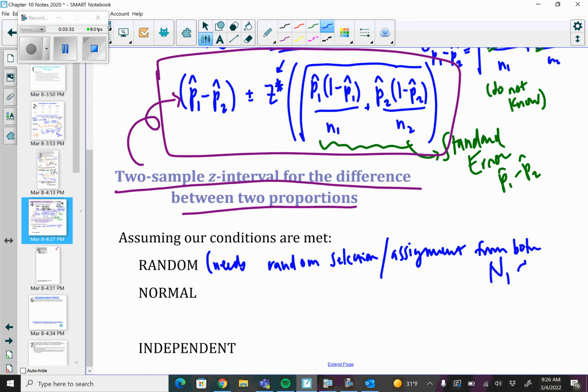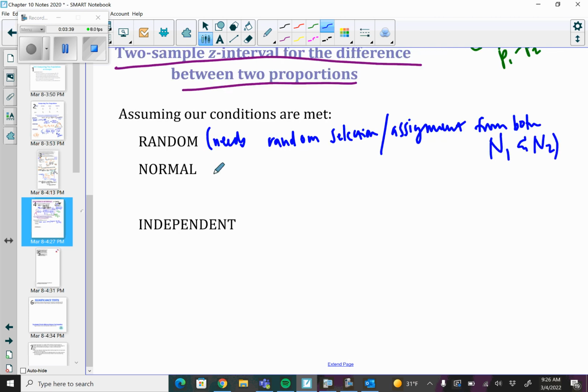populations, N1 and N2. We talked about during class that the normal condition of N times P needs to be true for both N1 and N2. And of course, if we can't check it with P because we don't know P, we're going to check it with P hat.